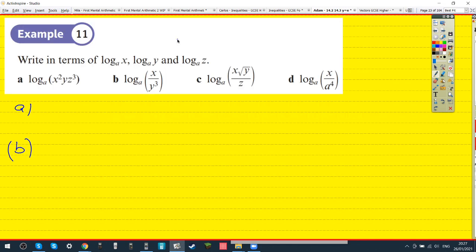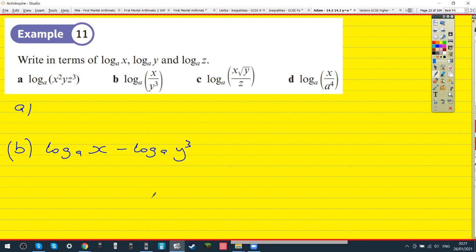You can also bring them apart. And so log x over y cubed, what's that? As log ax minus log a. Oh, would it be... What answer are you sure of? Okay, log a y cubed.